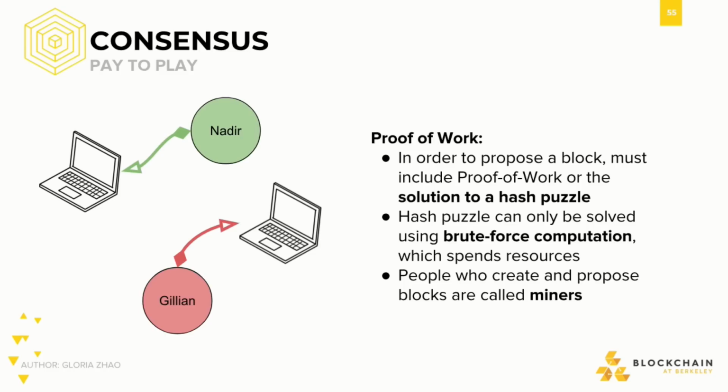And so this process of solving the cryptographic hash puzzle and putting them together into blocks is called mining. And the reason it's called mining is because you spent all these resources, there has to be some kind of reward. And like I said before, it's 12.5 Bitcoins now. So each time you propose a block and it gets accepted and it is added to the blockchain, you get 12.5 Bitcoins.